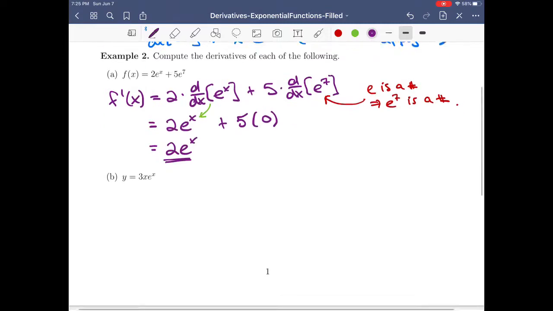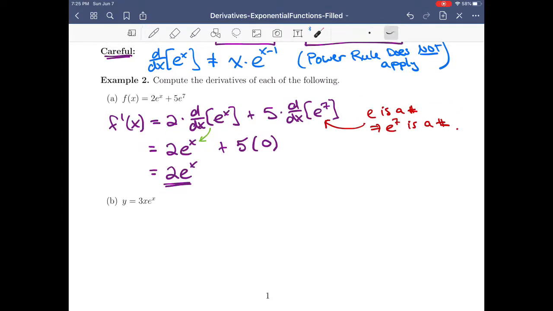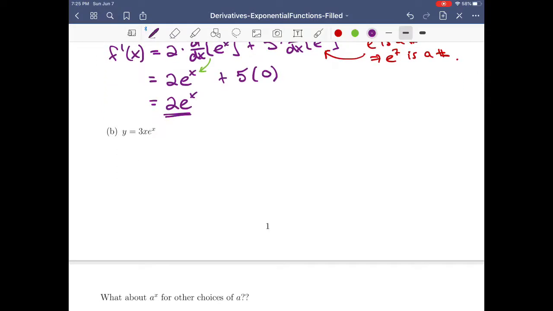Don't let anyone trick you. e to some power is just a number. It doesn't matter that there's an e there, there's no x value. In the next one, I have two things multiplied together. I'm going to let my first function be 3x and my second function be e to the x.